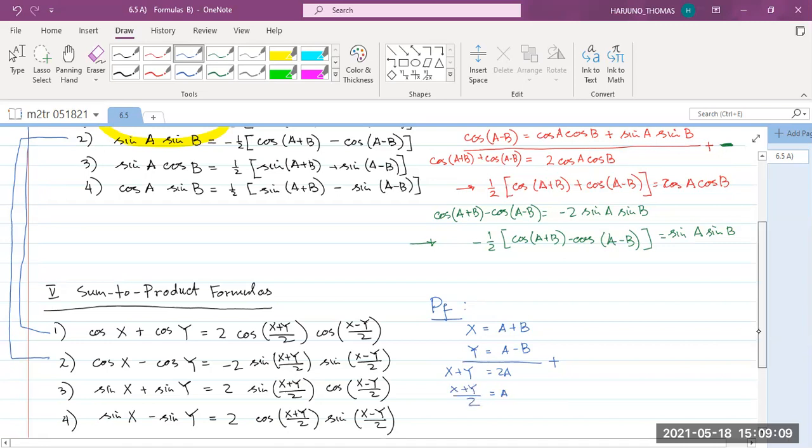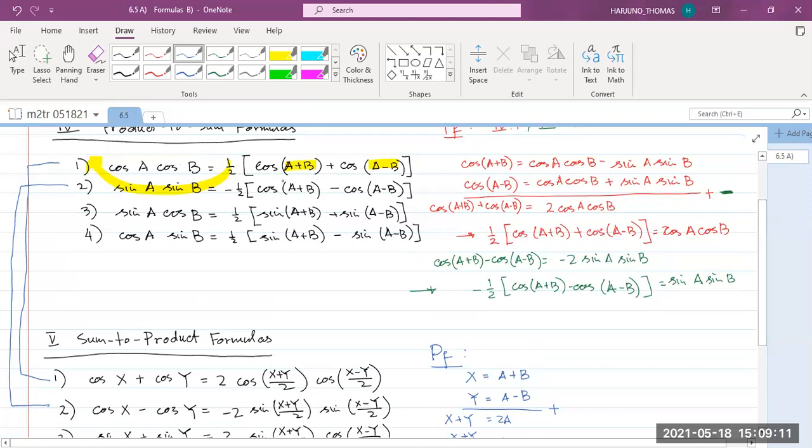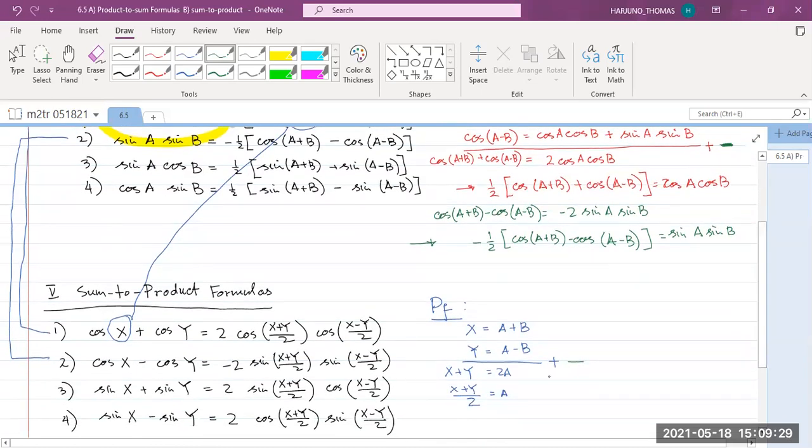So in this formula here, we will substitute a plus b as x. This guy becomes x. Now what happens if we subtract? If we subtract, we get x minus y equals 2b, so b will be x minus y over 2.